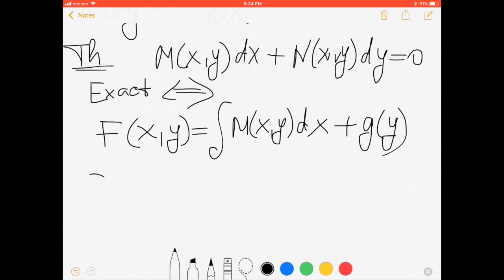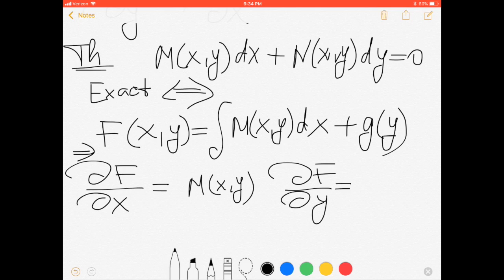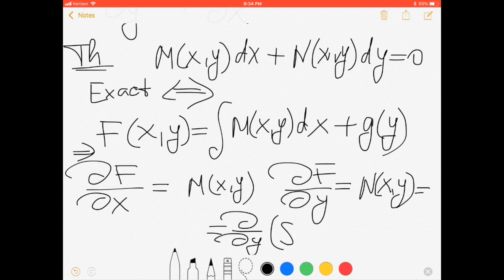Then the partial derivative of f with respect to x will be function M, and the partial derivative of f with respect to y will be your function N. But if we take the derivative of what we defined, this means the derivative with respect to y of the integral of M(x,y) dx plus g(y).